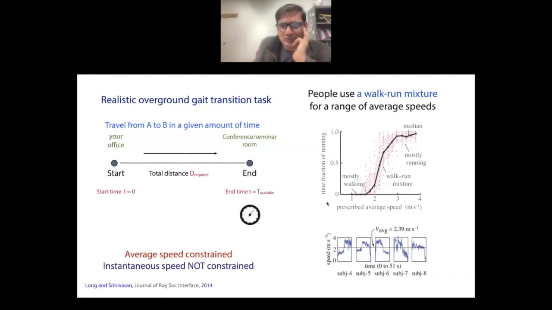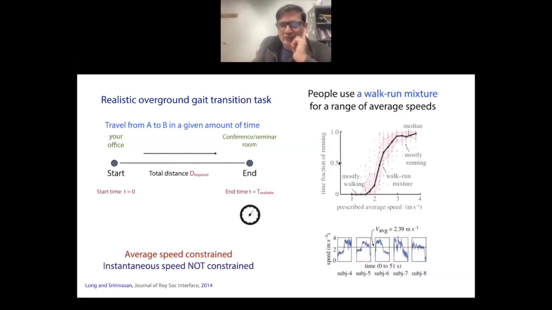This is what happens. This is experimental data. On the x-axis is the prescribed average speed, which is the total distance divided by the total time that we prescribe. And then we plot the time fraction of running, like how much time they ran as a fraction of the total time. If you give people a lot of time, in other words, ask for a low enough walking speed, people mostly walk.